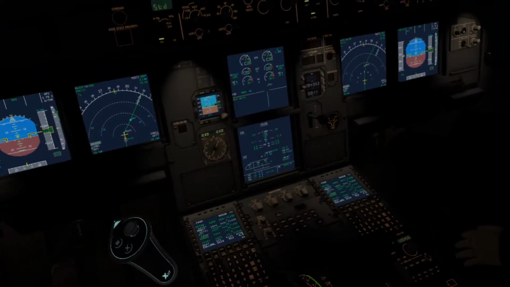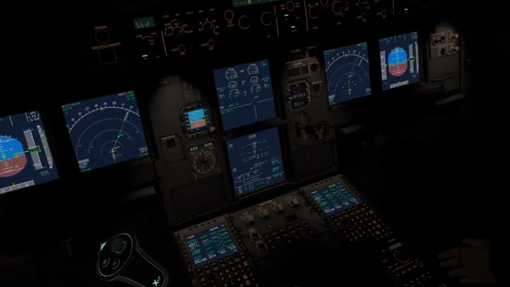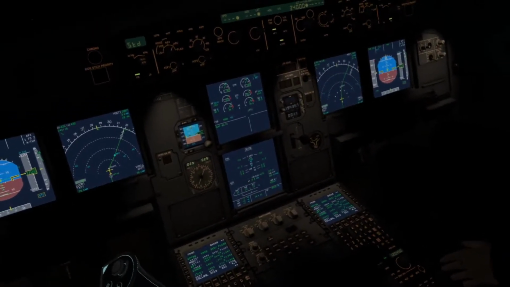I'm not used to seeing those high values on the N1 speed.